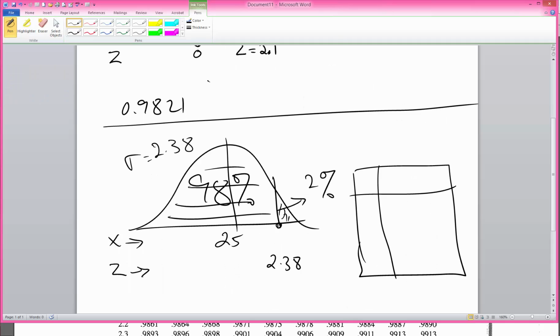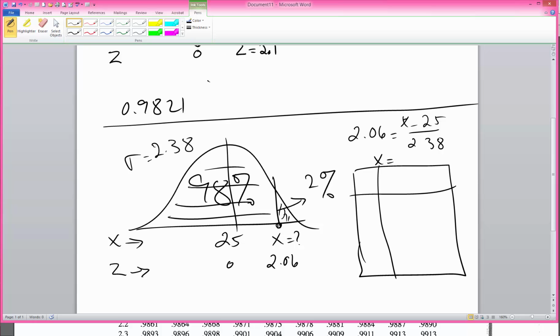So 2.06 is my z-value, and this is 0, and I want to know what is this x. So I can use the z distribution again: 2.06 equals x minus 25 over 2.38, and you can compute x.